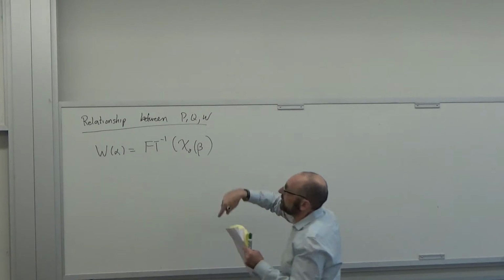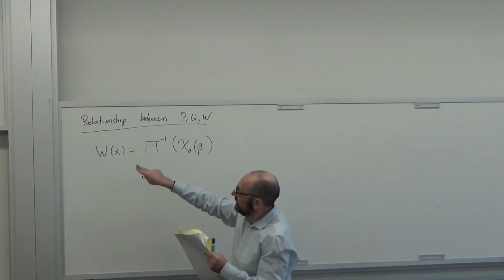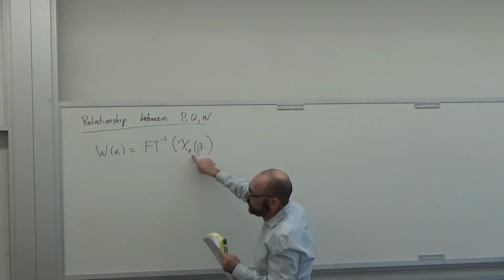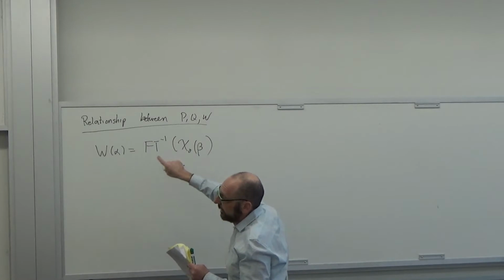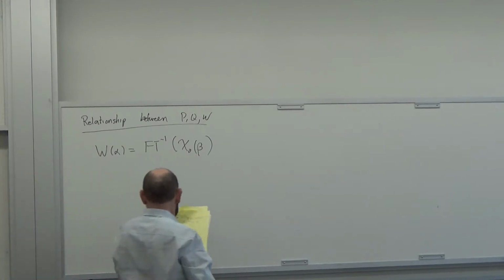The characteristic function is the Fourier transform of the Wigner function; inverse Fourier transform, I get back the Wigner function. But the characteristic function with symmetric order is related to the characteristic function with normal order, or vice versa.